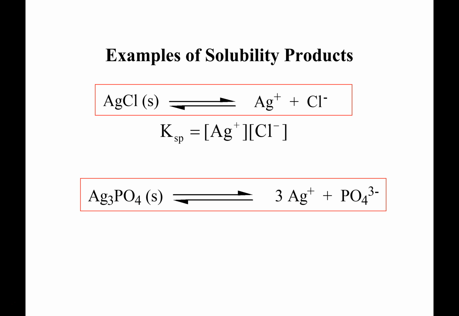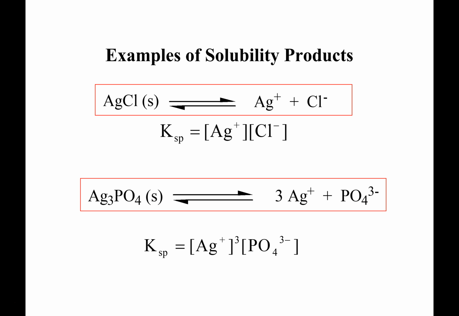Things get a little interesting when you have more than one cation or anion formed on the product side. For instance, Ag3PO4, silver phosphate. This will catch a lot of us, so make sure we recognize that we're going to have 3 Ag+ and 1 PO4.